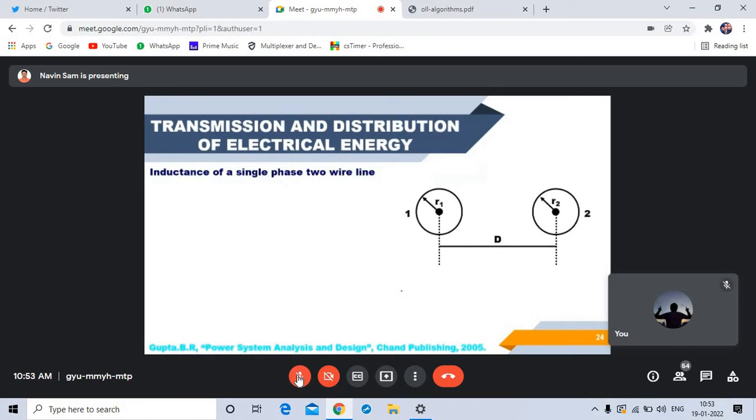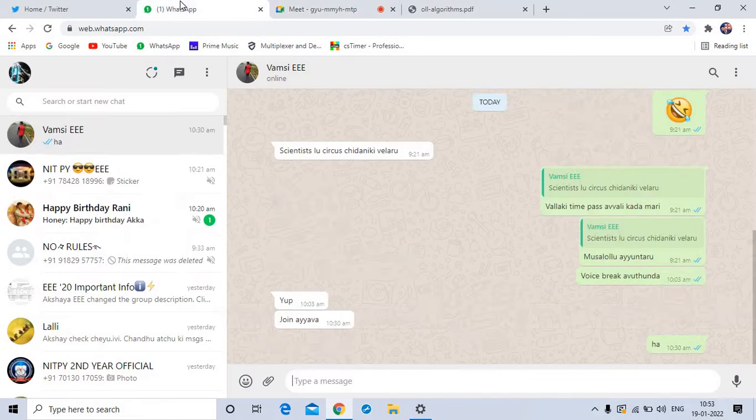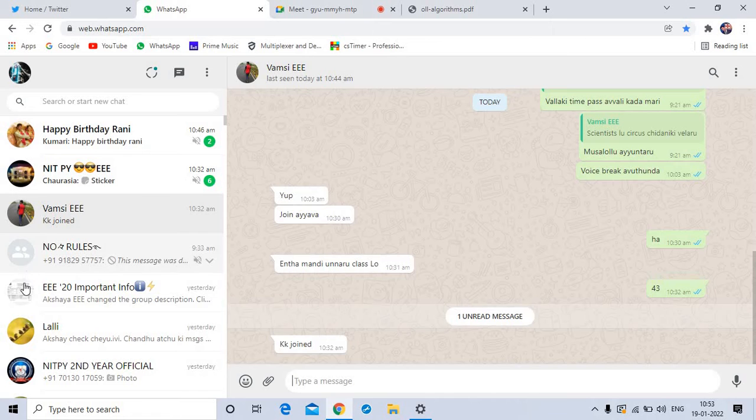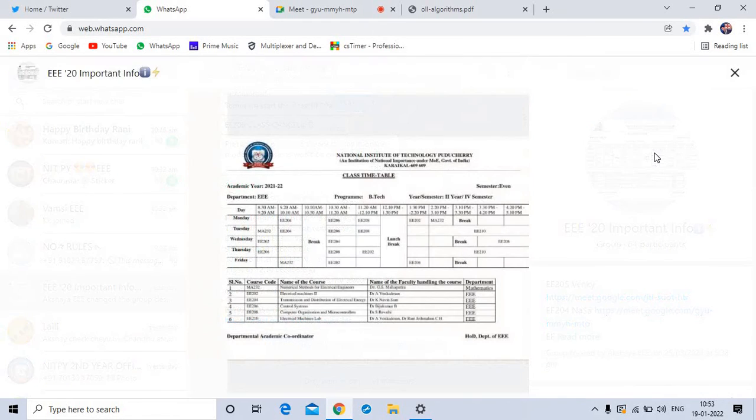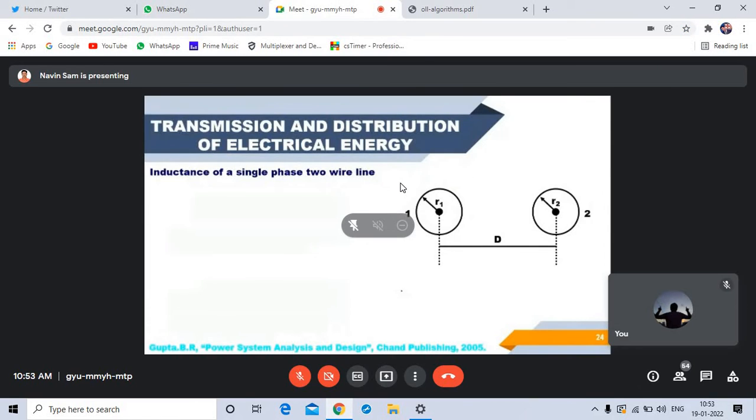So now coming to conductor 1, L1 inductance. This inductance can be due to internal magnetic flux, as well as external magnetic flux. Similarly, for conductor 2, L2, this can be due to internal magnetic flux, as well as external magnetic flux. Both, if you are adding it, you will get the inductance value.